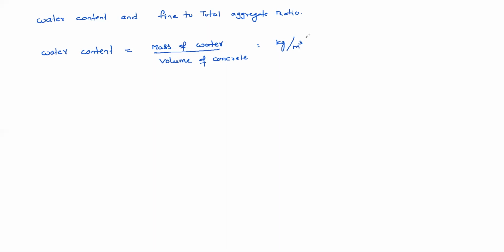Of course, this water content depends on the maximum size of aggregate used in the concrete. For higher grade concretes like M40, M50, above M35, a lesser size of aggregate should be used.